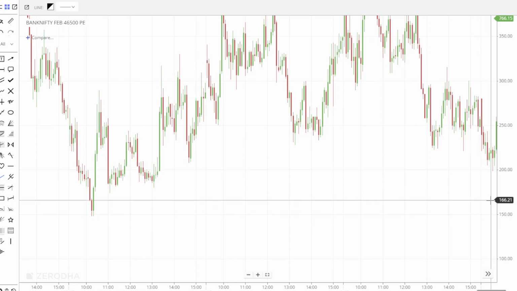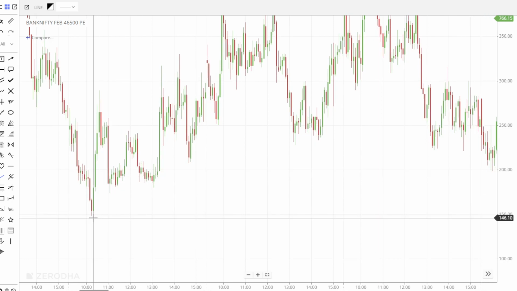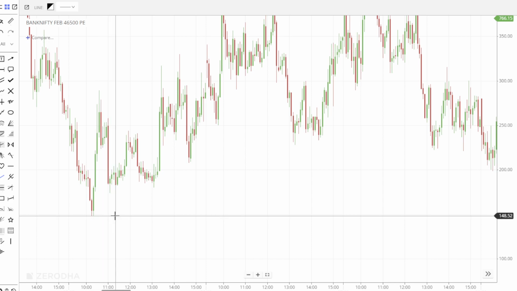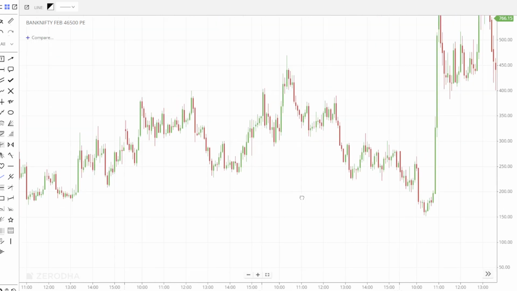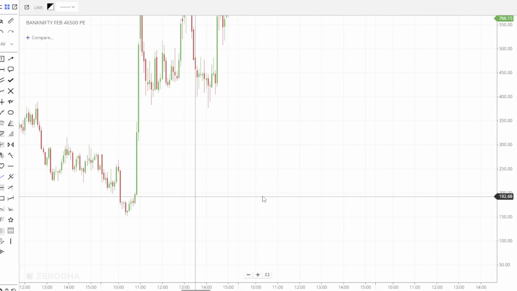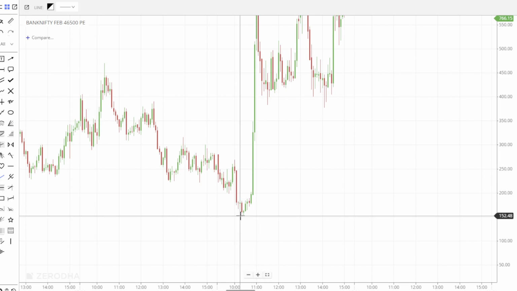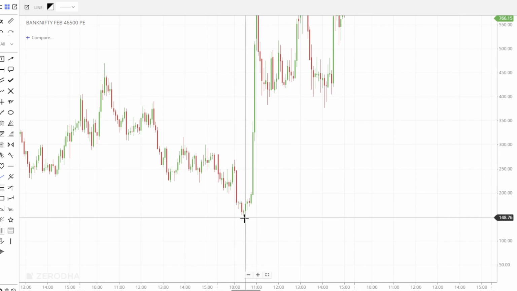When any candle body closes below this wick, that is 140, 148, almost 149. So if any candle body closes below the 150 range, then you exit this buy trade.